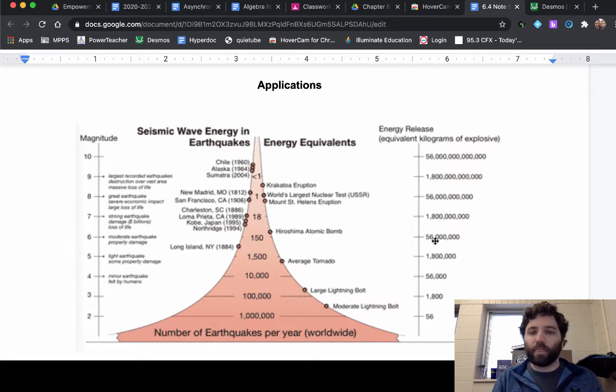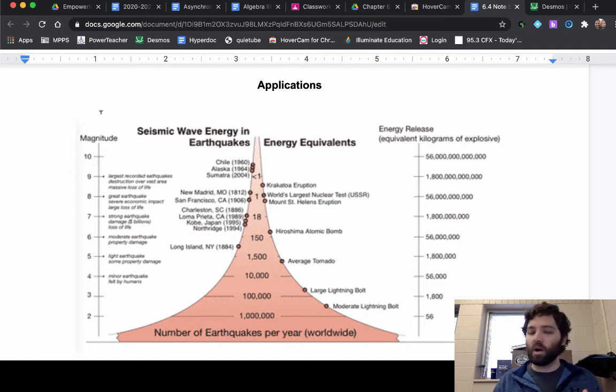If we go up and we multiply that by 1,000, we get this number here, 56 billion. And that is only 2 higher on the magnitude scale. And the reason for that is because this is a log scale.